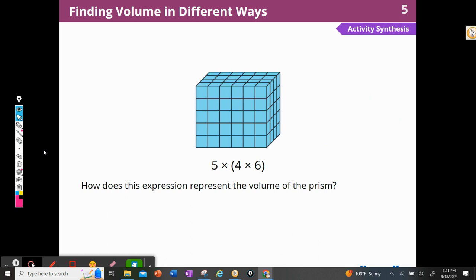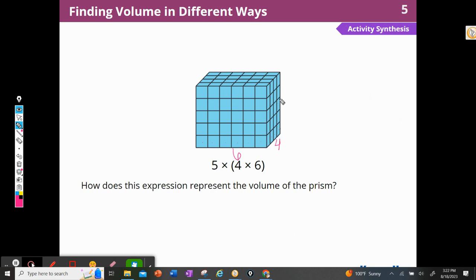We just talked about that one. How does this prism represent the expression 5 times 4 times 6? Well, let's fill in the dimensions of this one. I have 1, 2, 3, 4, 5, 6 going across here. 1, 2, 3, 4 going back.